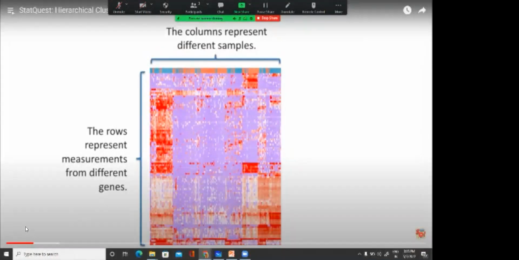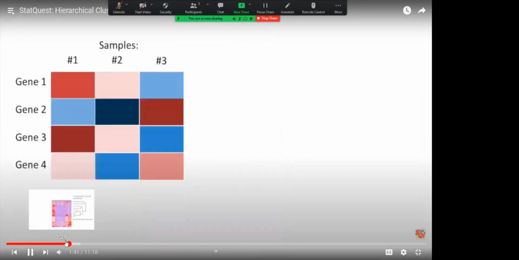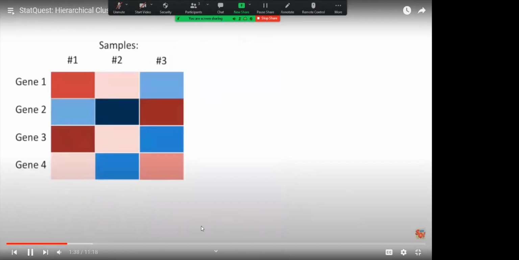Red typically signifies high. Here we've got a simple heat map that has 3 samples and 4 genes.